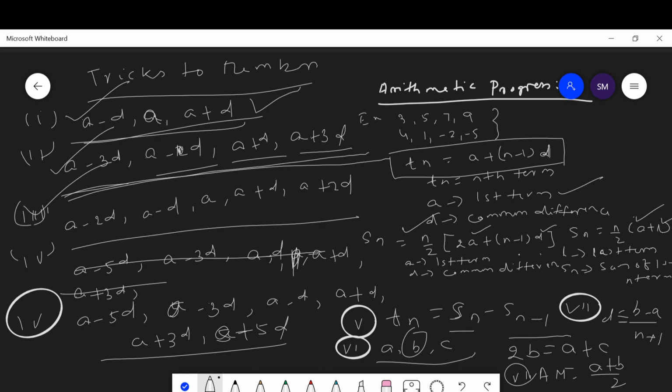The common difference between two numbers A and B with n arithmetic means is B minus A upon n plus 1.